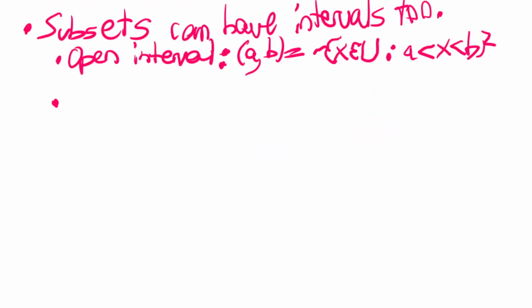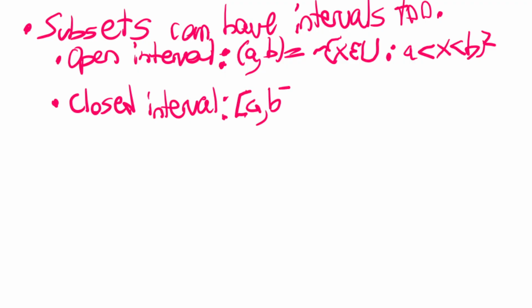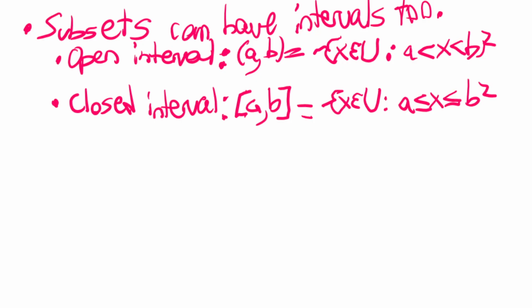Or they can have a closed interval. The difference between an open and closed interval is we use parentheses for an open interval and brackets for a closed interval. And this is defined as x is an element of the universal set, where a is less than or equal to x, is less than or equal to b.